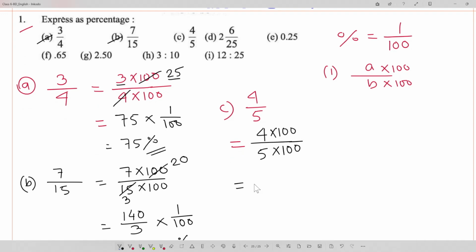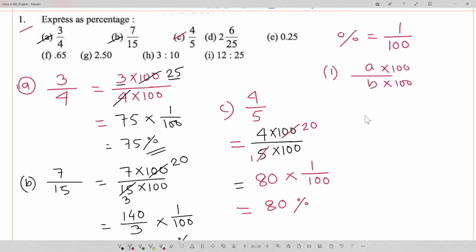So look, now this 100 we can divide by 5. So here is 1 and here is 20. So 20 times 4 is 80, times here 1 by 100. So against this one we can write 80 percentage.